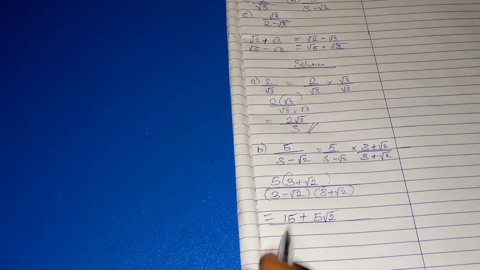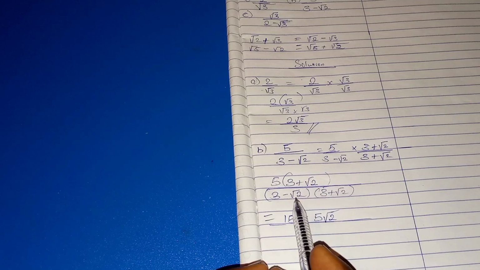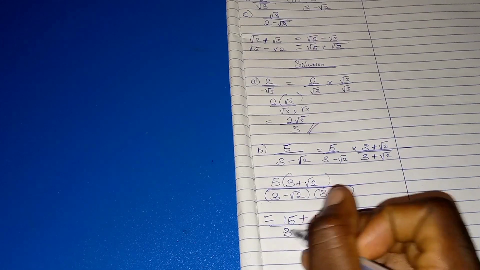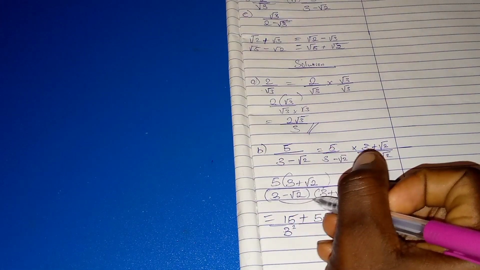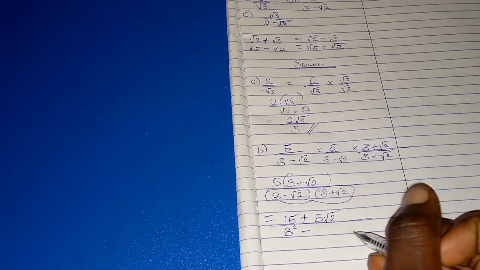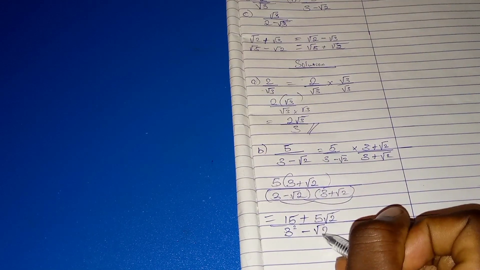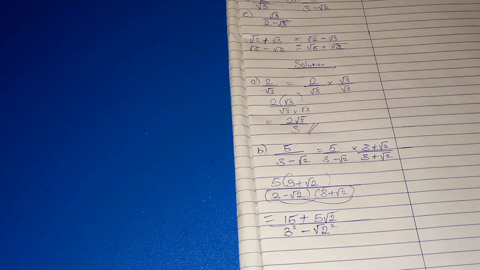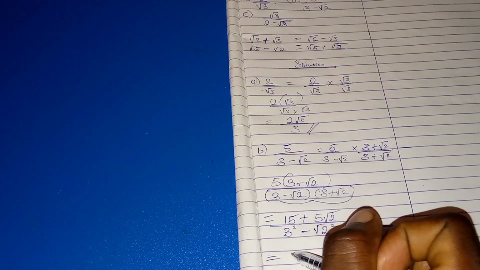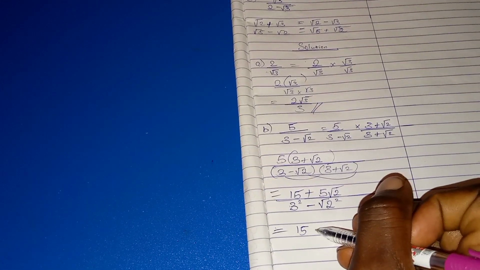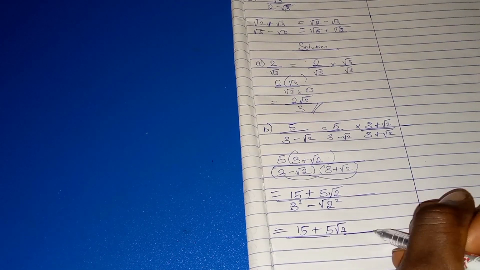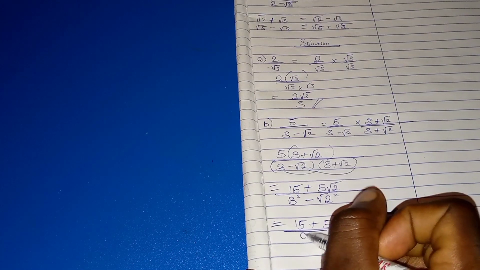Let's just keep these signs in place. Now, having these identical numbers, what are we going to do? We will square them up. We will square this up and we will square this up. So 3 squared minus root 2 squared, the plus and minus cancel out. The numerator is 15 plus 5 root 2. 3 squared gives us 9.